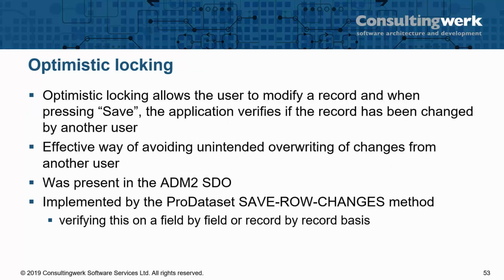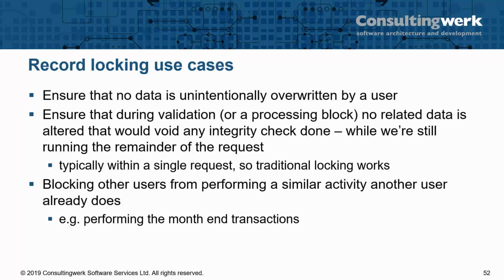And what I've also experienced when it comes to the unintentional overwriting of data by users is that this is really so important to developers. And they believe it's really, really important.